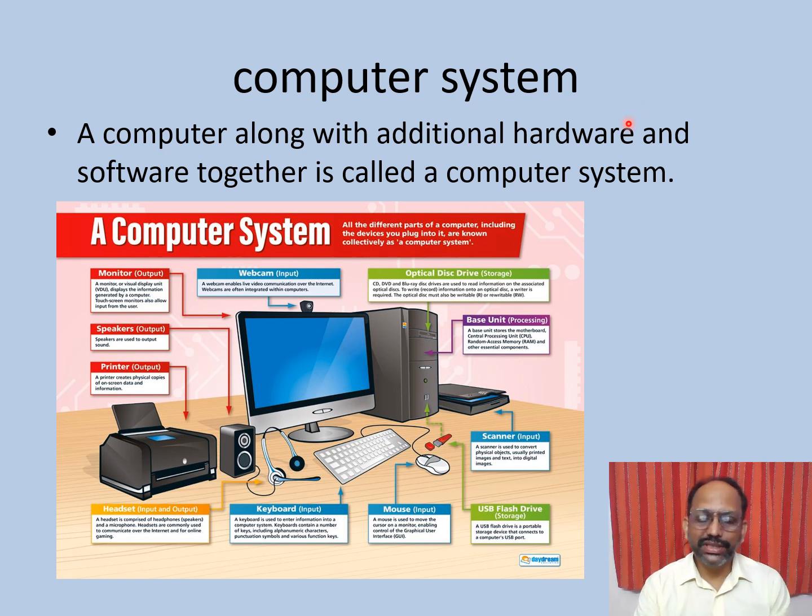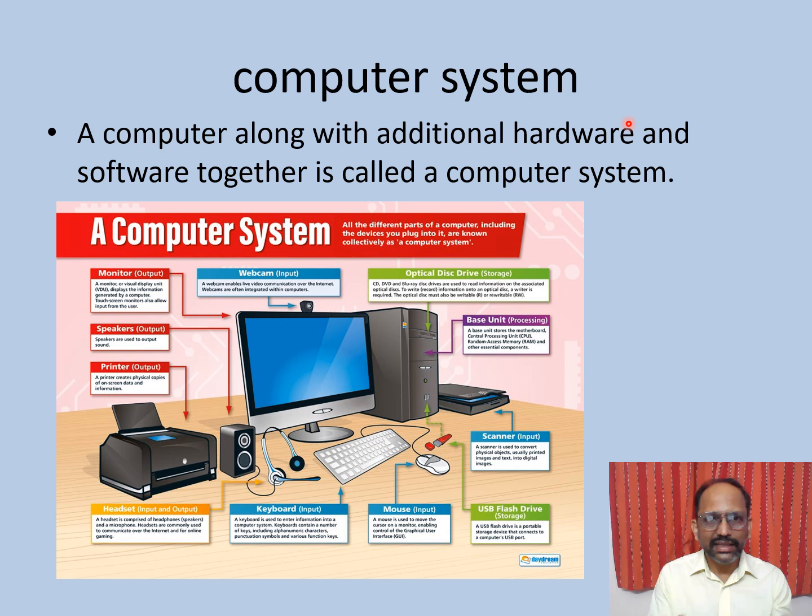What is a computer system? Let us understand now. Can the computer alone do all these kinds of work? Why am I asking this question to you? Because a computer system is not just a computer.